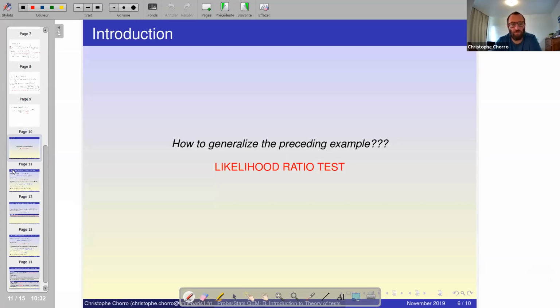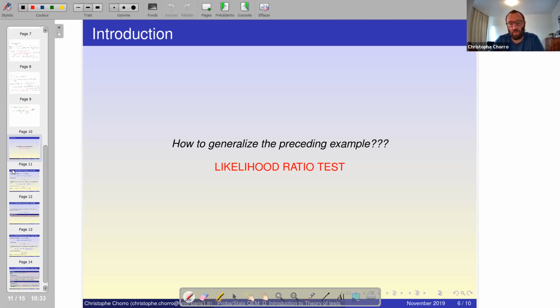Okay, so how to generalize this process? What I have done previously, to obtain a systematical way to do this and not to think about what statistic I will use, what confidence or rejection region or critical region to obtain, and so on, we will have a way to do this for any situation.